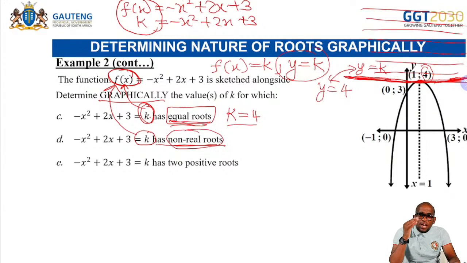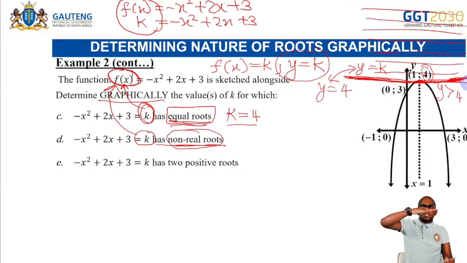They are saying, where is the line not intersecting the graph? So you see, when you put that line above the turning point, it does not intersect the graph. So it does not intersect the graph when the y value is above the turning point, greater than 4, the turning point.